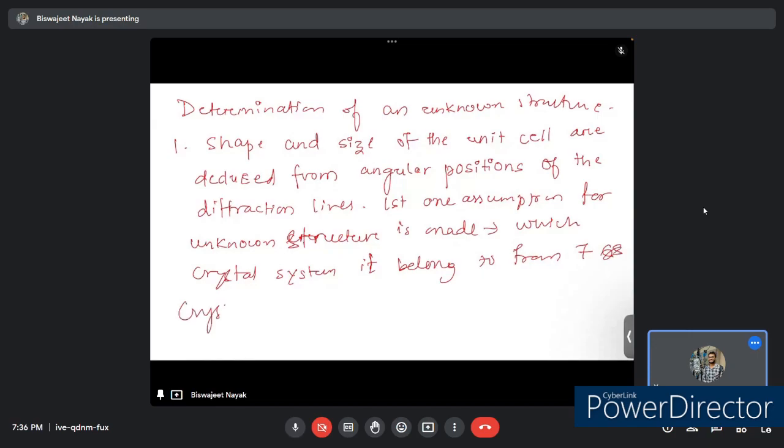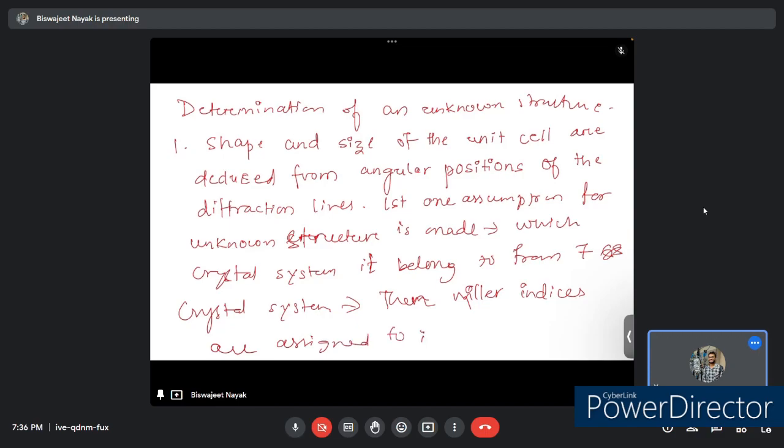Here one assumption is first made as to which of the 7 crystal systems the unknown structure belongs to, and then on the basis of this assumption the correct Miller indices are assigned to each reflection.